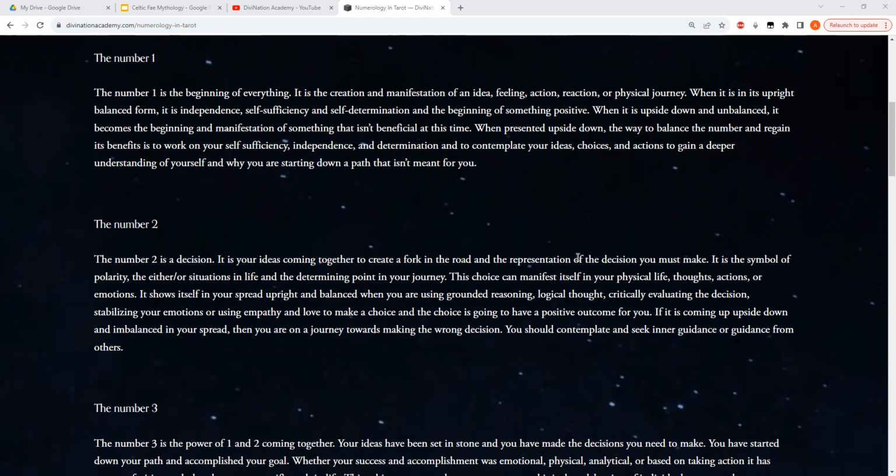And there are also records of it being used around the same time period in Egypt as well. But in Egypt, they would pair numerology with so many different aspects of spirituality that it wasn't considered strictly and only numerology.